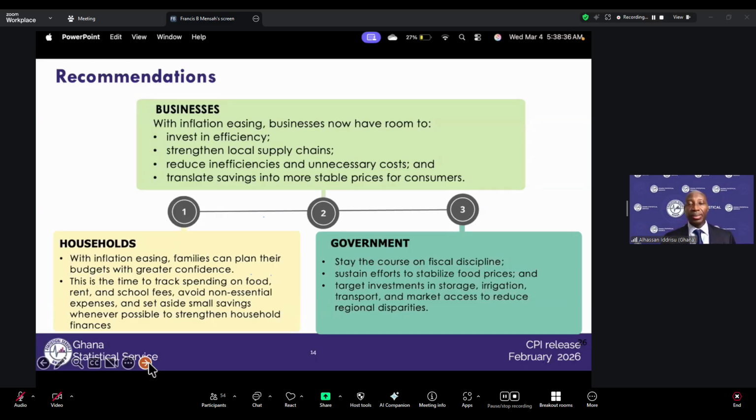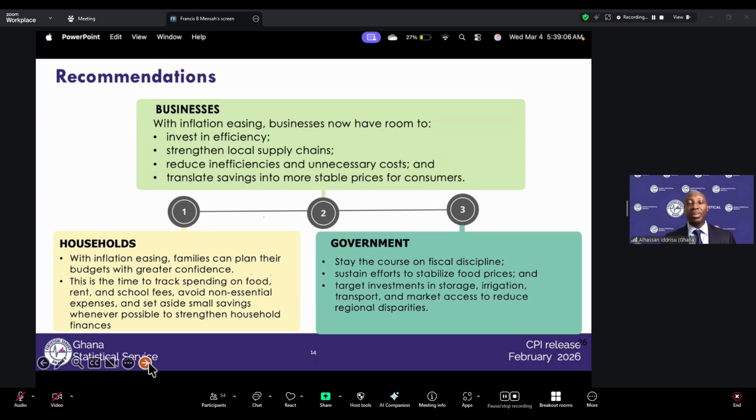For businesses, this is the time to improve efficiency, strengthen local supply sourcing, and pass on cost savings to consumers as much as possible. And for households, with inflation easing, there's greater room to plan. Track spending carefully, avoid unnecessary expenses, and build small savings buffers whenever possible.